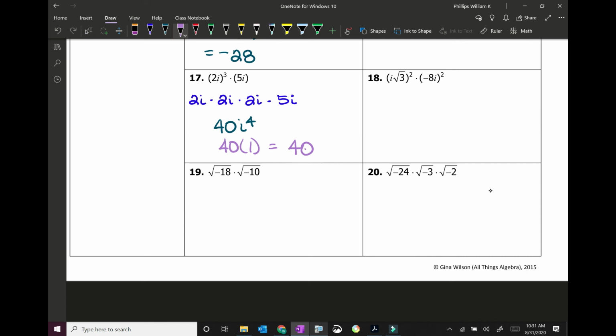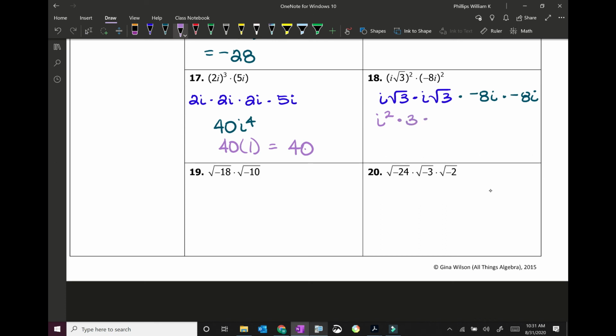Let me do 18 because you haven't seen one with a square root. So here this would be i square root 3 times i square root 3, and then we'll rewrite the second term in a different color. So this will be minus 8i times negative 8i. So here, i times i is i squared. The square root of 3 times the square root of 3 is positive 3.